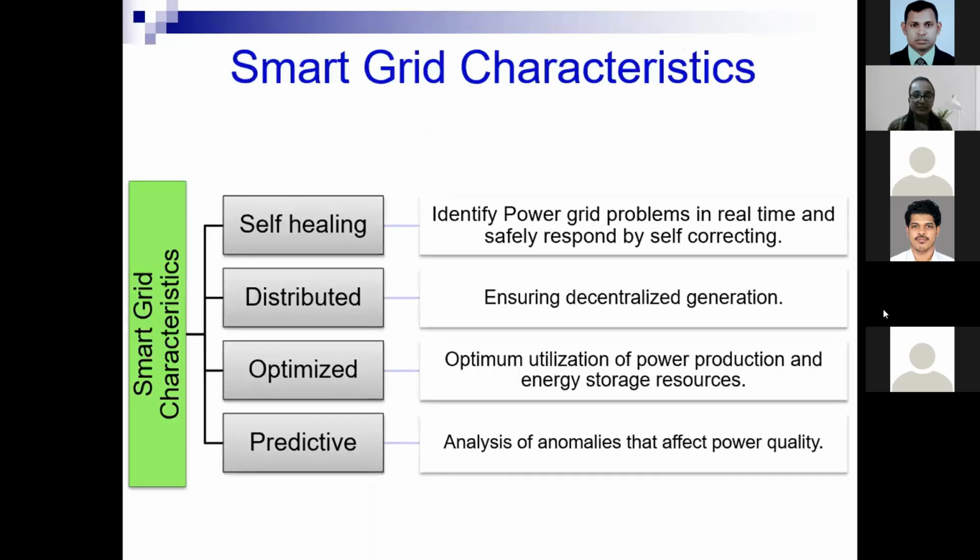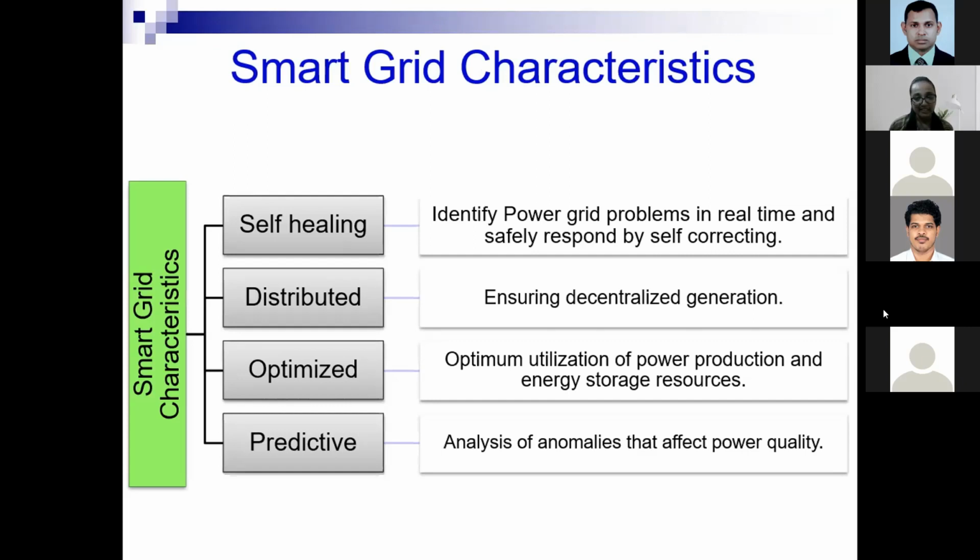These are the characteristics of smart grid. The first one, self-healing. Self-healing refers to the ability to identify power grid problems in real time and safely respond by self-correcting.